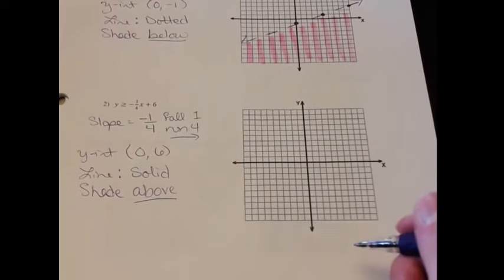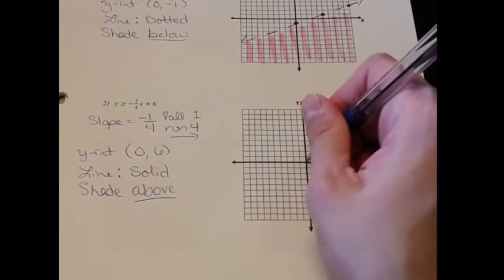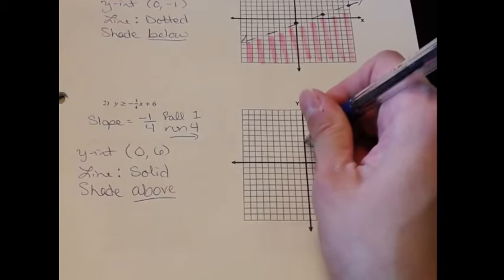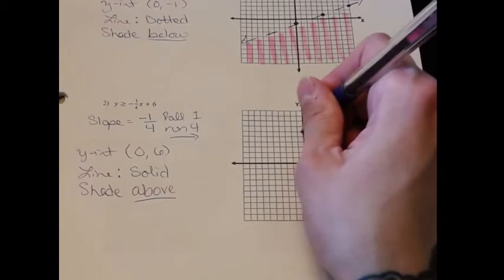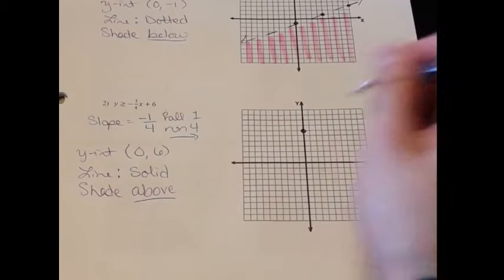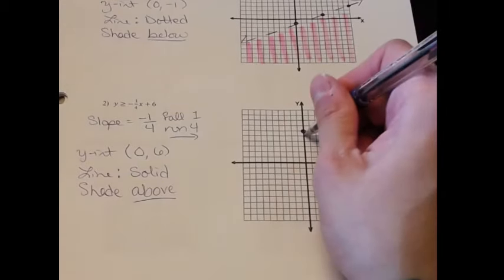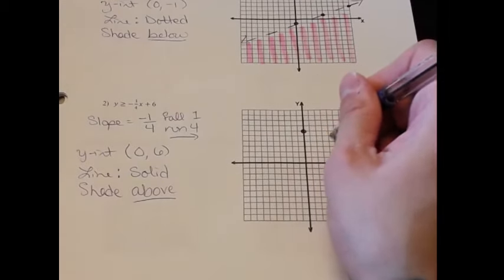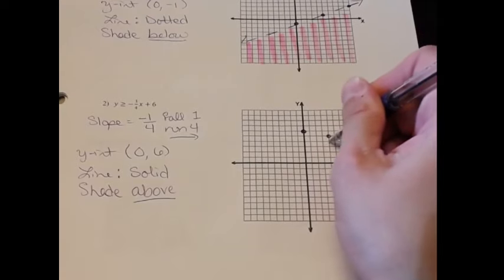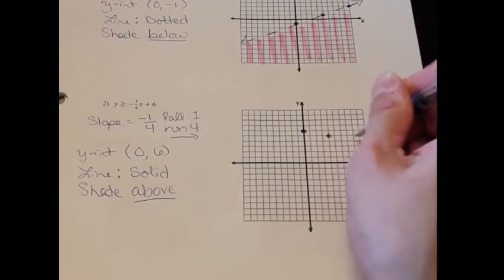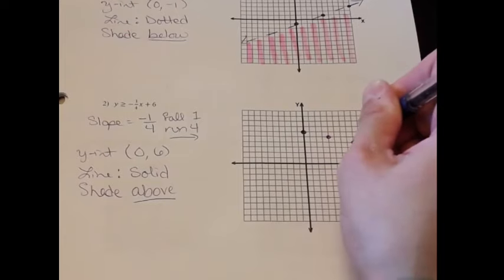All right, let's do it. Start with the point (0, 6). 1, 2, 3, 4, 5, 6. Here's (0, 6). Now I'm going to apply the slope. Down 1, over 4. 1, 2, 3, 4. Let's do it again. Down 1, over 4. 1, 2, 3, 4. Good.